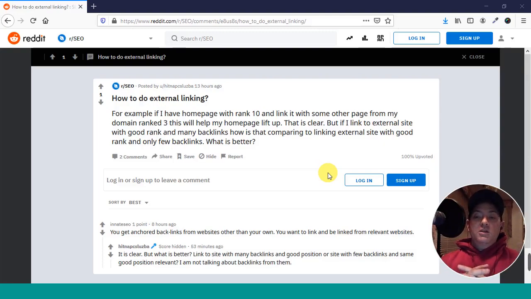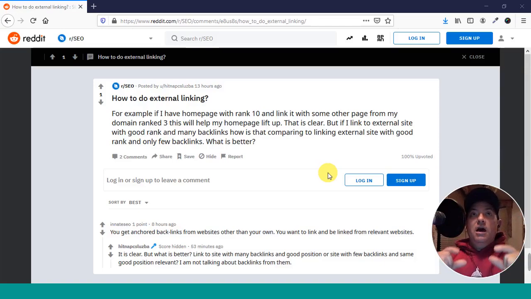But anyway, so this person is saying, let's say that your home page has a URL rating in Ahrefs of 10, and you want to boost it up, so you internally link another page, and that page might have a URL rating of 3. That'll help boost the home page, because remember, internal links also pass PageRank, aka link juice, or link equity.